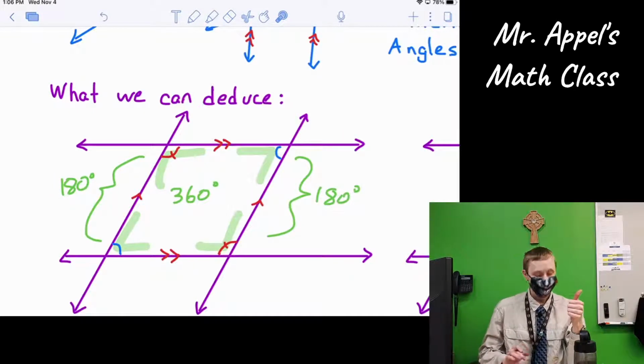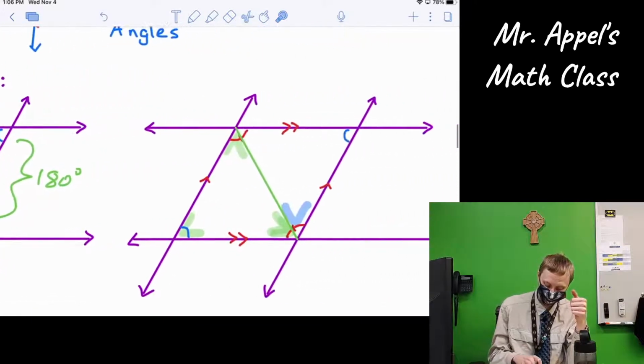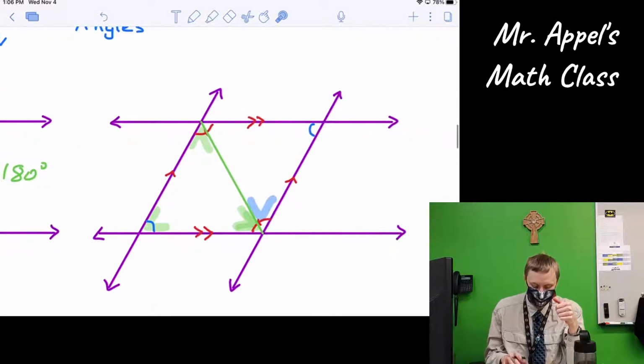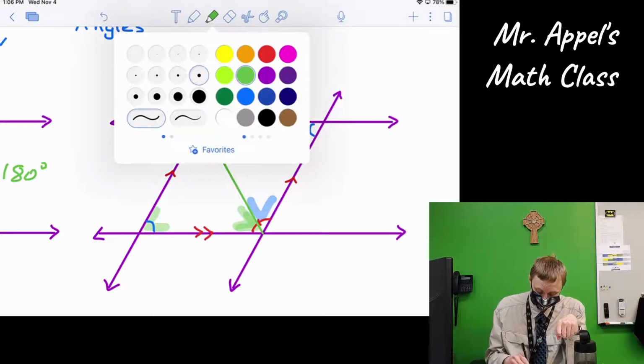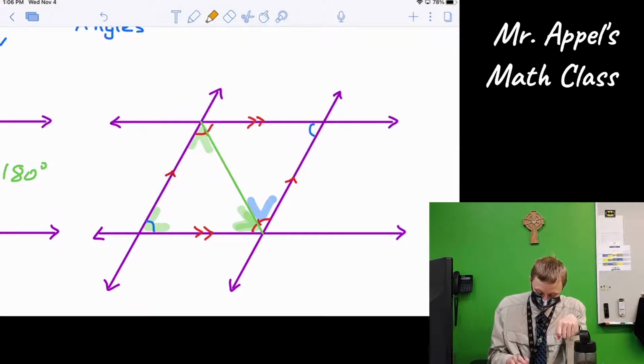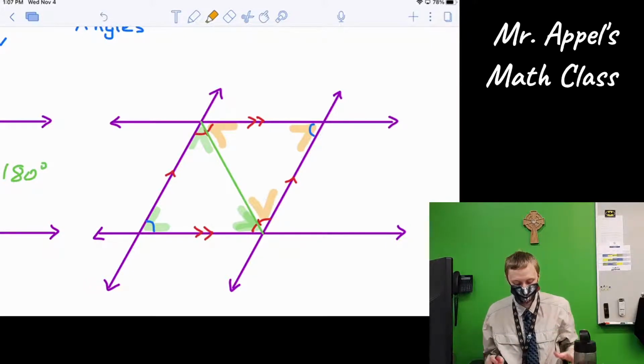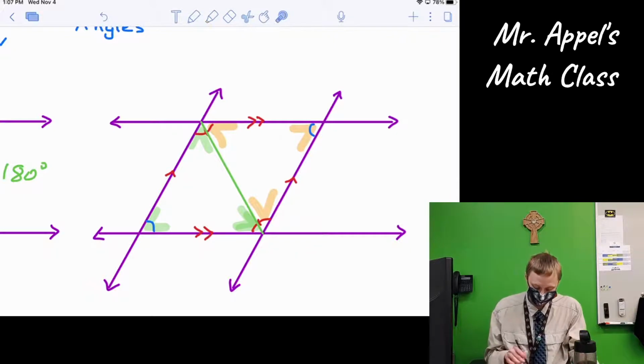But if we take that parallelogram and we cut it in half, we would get 2 triangles. Let me get another highlighter here. And those 2 triangles then still have the same sum of their interior angles.